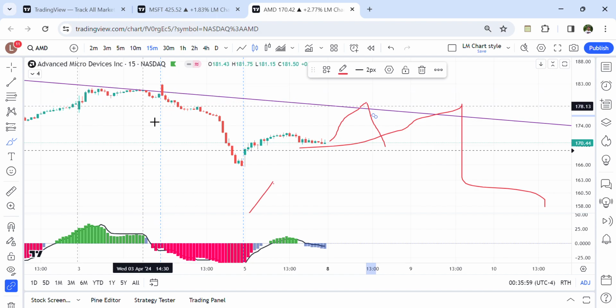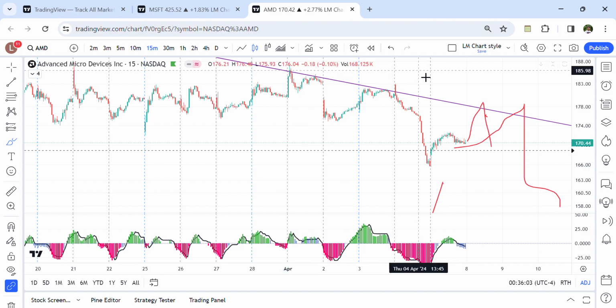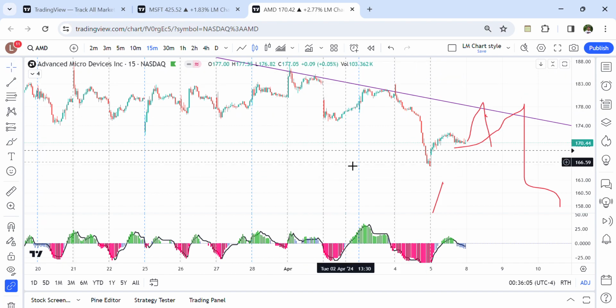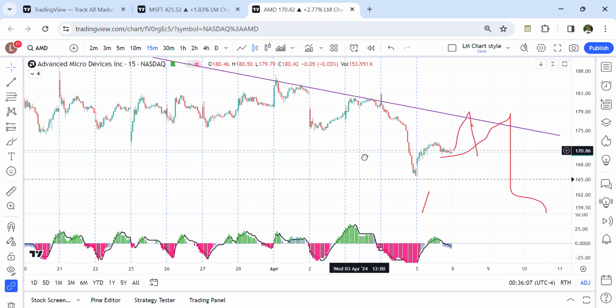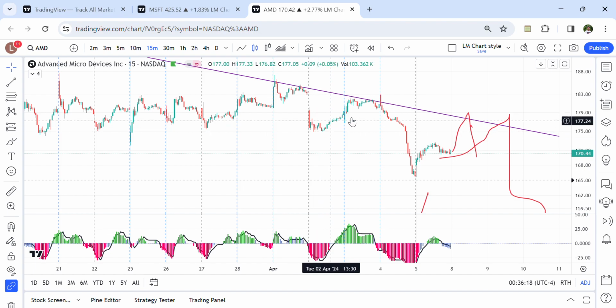So if I talk about here, you can see that on the 4th of April, AMD went up to like 182.87, and we have a candle closing.